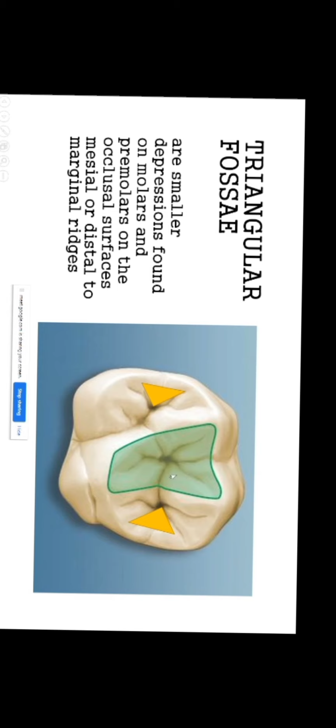Again, if this is the central fossa, then on the sides you have your triangular fossae, the mesial and the distal. If this is mesial, this is the mesial triangular fossa. If this is the distal part, this is the distal triangular fossa. Did you get why they are called triangular? Basically, these are triangular in shape.